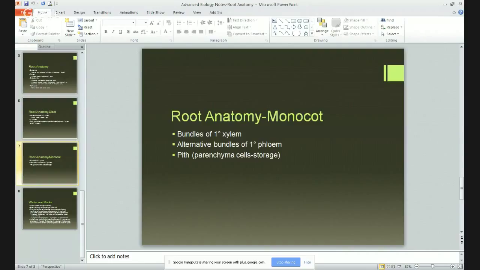Still got that layer of cortex right underneath your epidermis. You've got the two layers that surround your vascular tissue, endodermis on the outside. Still have your Casparian strip. You still have the pericycle on the inside. And then you've got larger bundles of xylem, smaller bundles of phloem.